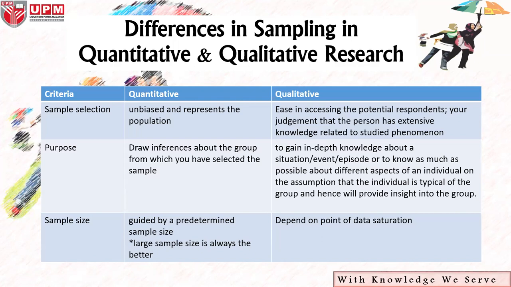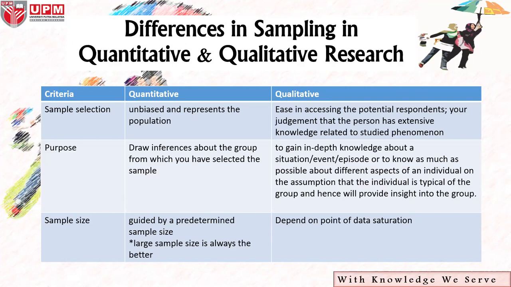Contohnya, for example, today we collect the data from the fifth respondent. The first, second, third, and fourth already completed. Now on the fifth respondent. Okay, and then after we transcribe, after we analyze the data, we found out that the answer given by the fifth respondent already repeats the answer given by the four earlier informants.